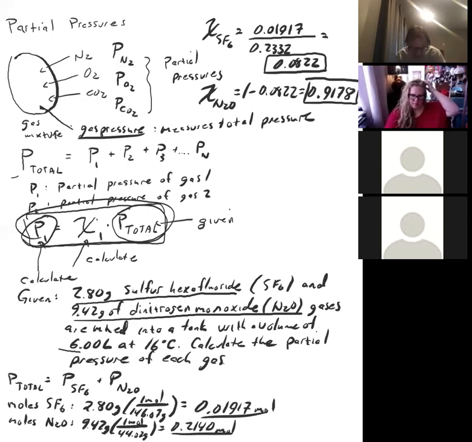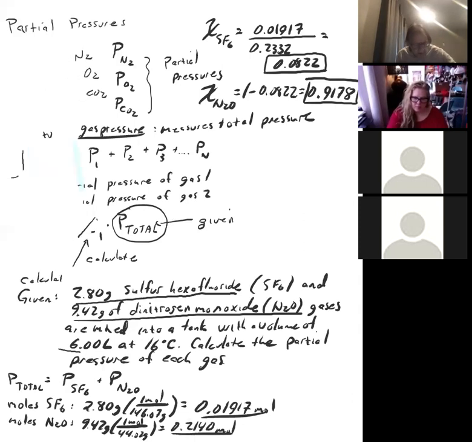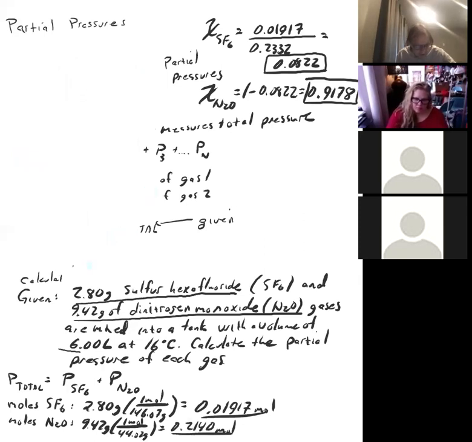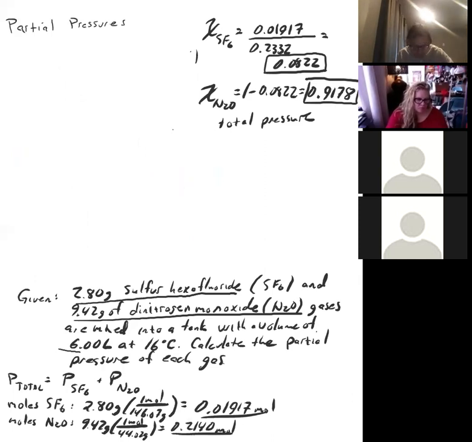So how do we deal with this? Let me just erase some of this over here so we get some room. I'm going to find the total pressure using the ideal gas law, and here's how I'm going to do it. The total pressure is going to be the moles of all the gases times RT over V. I'm just using the ideal gas law, PV equals nRT.